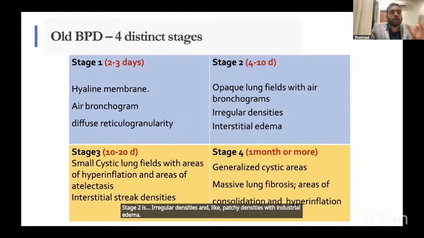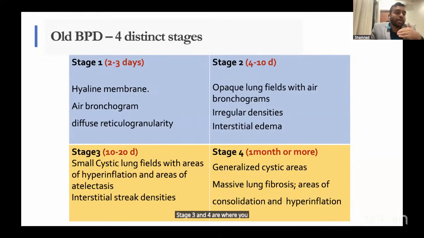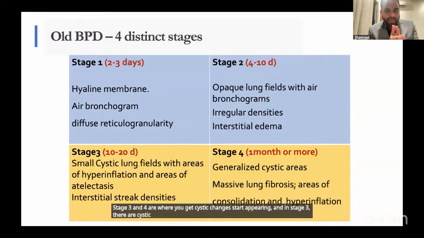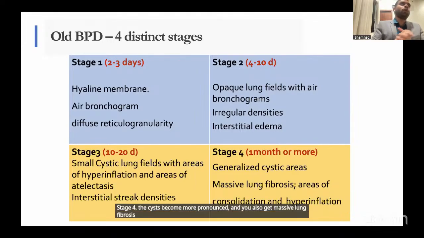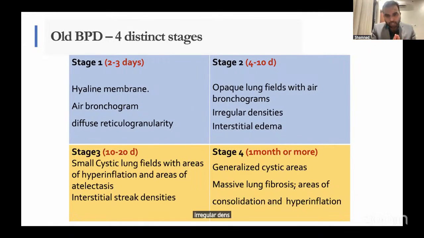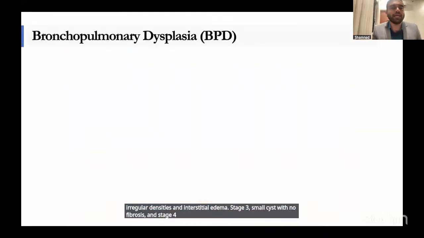Stage 3 and 4 are where cystic changes start appearing. In stage 3, there are cysts with hyperinflation and atelectasis. Stage 4, the cysts become more pronounced and you also get massive lung fibrosis. So old BPD, if someone asks you the stages: stage 1 like an RDS, stage 2 irregular densities and interstitial edema, stage 3 small cysts with no fibrosis, and stage 4 with generalized cystic areas with areas of fibrosis.